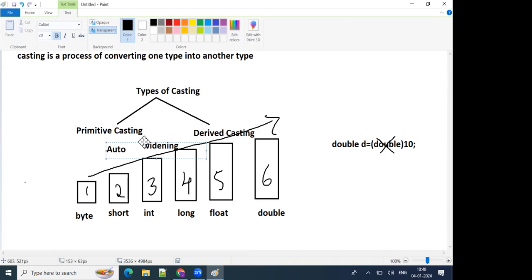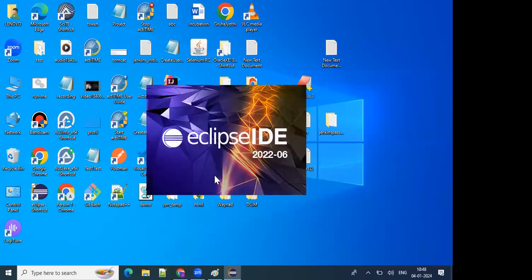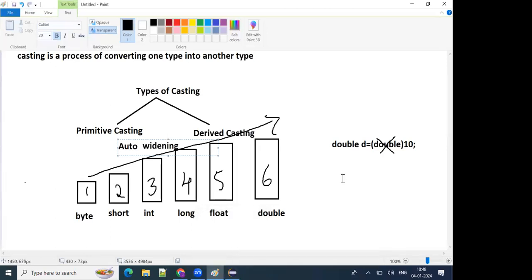Understanding why we say auto widening? Conversion is not mandatory. Even if you try to convert, there is no problem. The compiler will add the conversion. So in primitive casting, one of the types is widening.